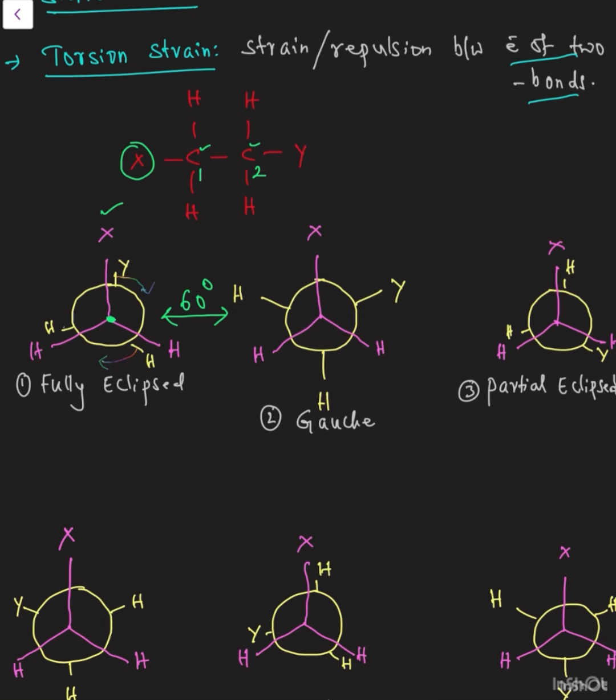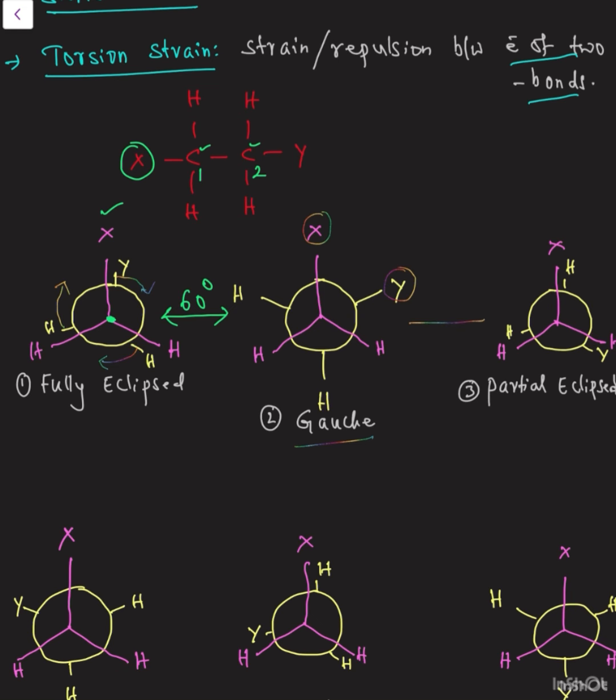The position of H changes like this, so that you'll get the gauche form. The second is formed. Now see, X and Y, these two atoms are at 60 degrees position. So that conformer is called the gauche conformer.